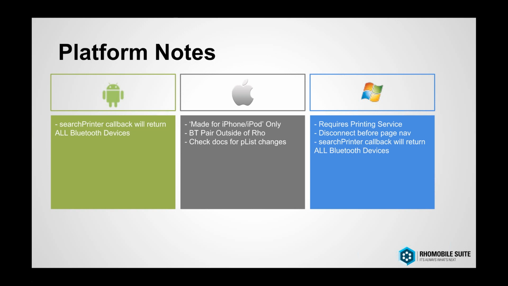There are a couple of other things you need to be aware of on Windows Mobile and Windows CE as well, like we just talked about: disconnecting before navigating away from the page. Mikhail, you can jump in on these platform notes as well.